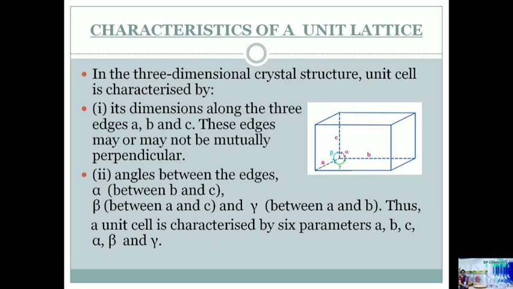Then characteristics of a unit lattice. What does it mean? In the three-dimensional crystal structure, unit cell is characterized by its dimensions along three edges, three axes as we know, and here these edges A, B and C. And here A, B, C all are mutually perpendicular, but it may not be mutually perpendicular also.